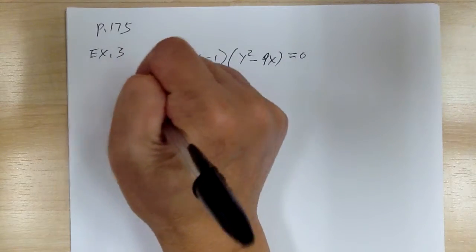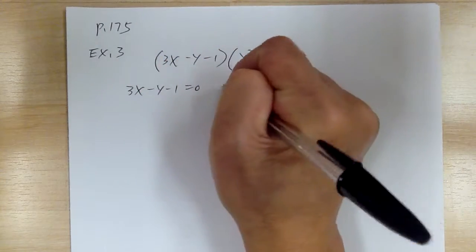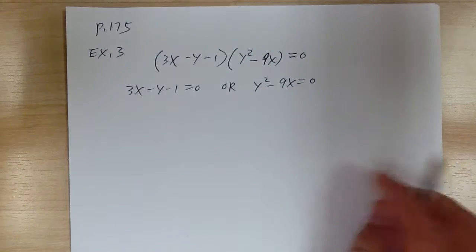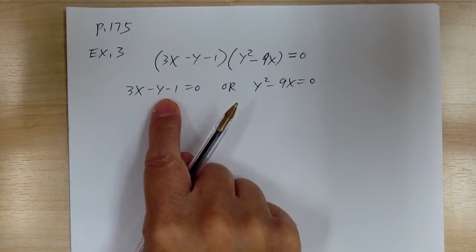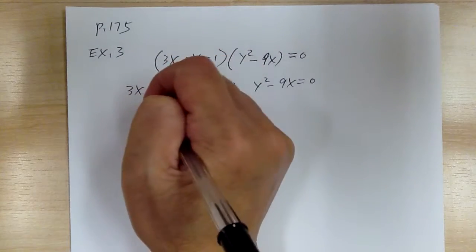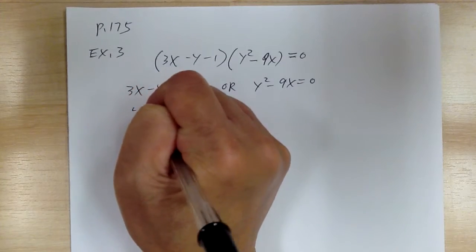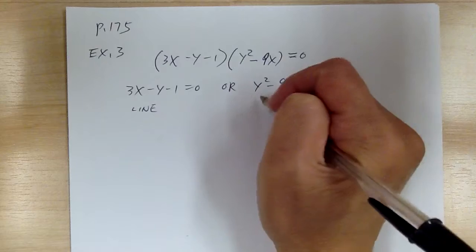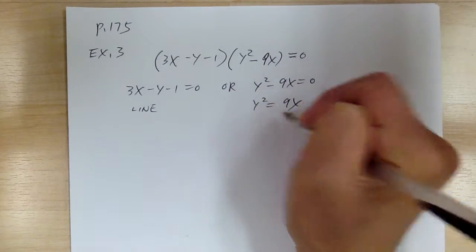So you get 3x - y - 1 = 0, or y^2 - 9x = 0. From this one, you know this is a line, and this one is going to be a parabola. If you move this over, you get y^2 = 9x.